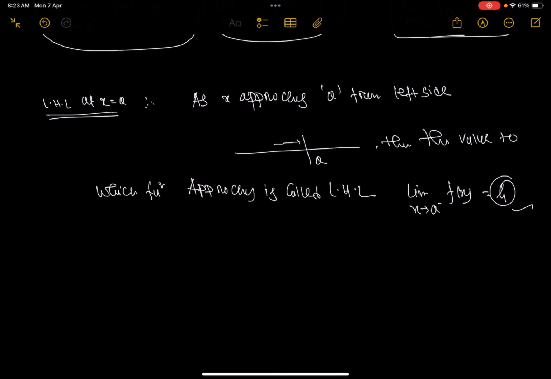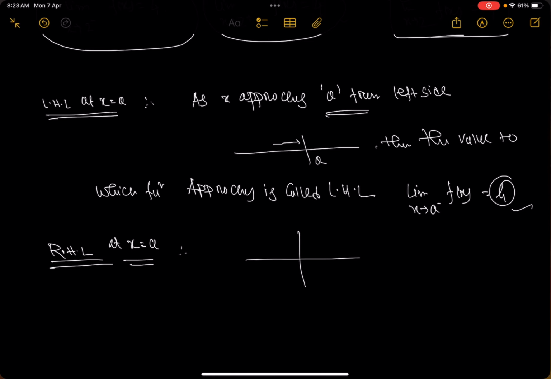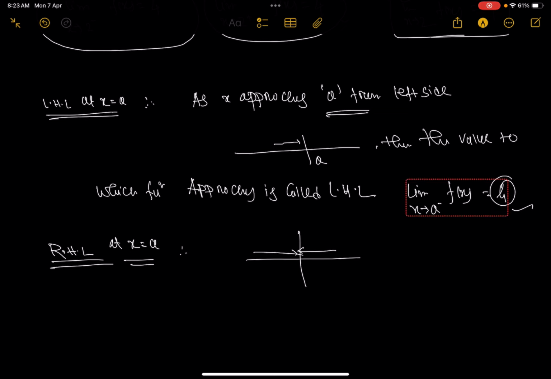Similarly, you can write the right hand limit at x equals a. As x approaches a from the right side, this is the left hand limit and this is the right hand limit.